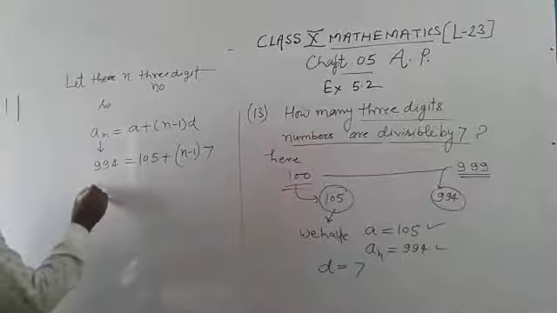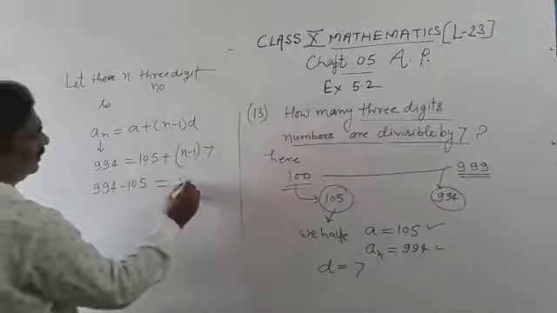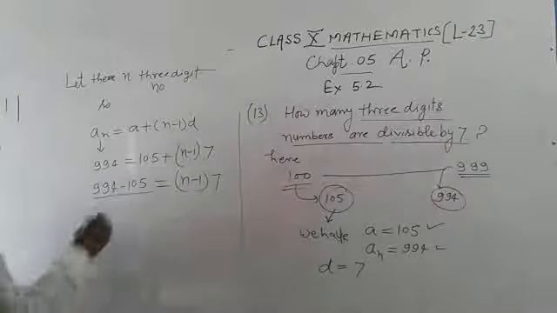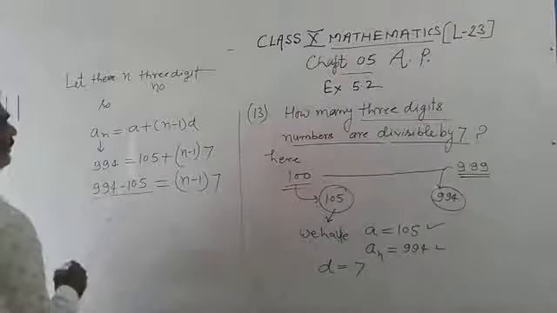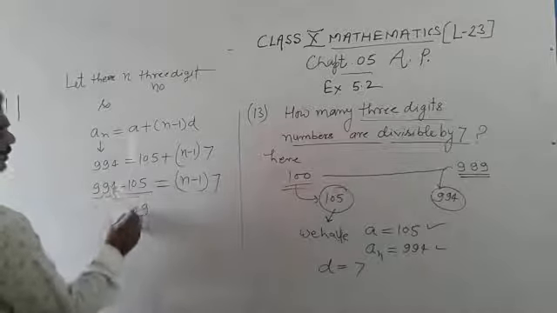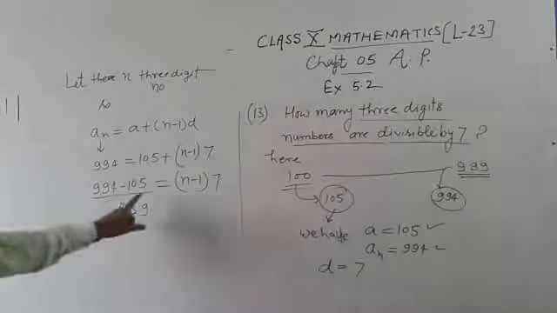Okay, transposing, 994 minus 105 is equal to n minus 1 into 7, isn't it? Now subtract this: 994 minus 105 is 889.